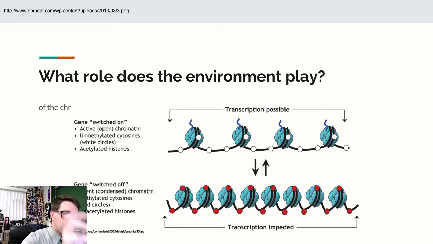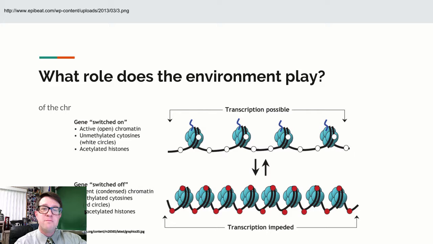So if I look at chromatin, either looking at the proteins that hold it all together or the histones themselves, what I can do is either loosen it all up, which makes it easier to turn genes on, or tighten it up, making it harder to turn genes on. One of the ways that we can do that is we can add acetyl groups, so acetylation, which is under where it says genes on.